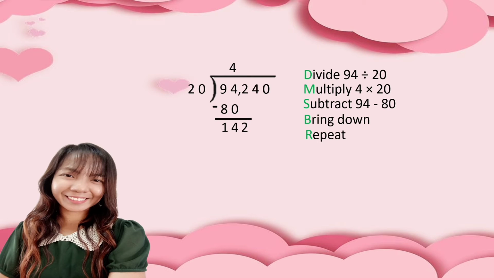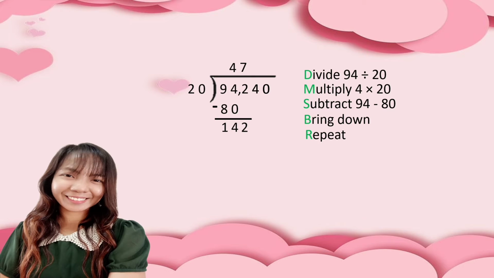So 142 divided by 20. So what's the answer? Can you count how many 20s are there in 142? There are 7. Very good.